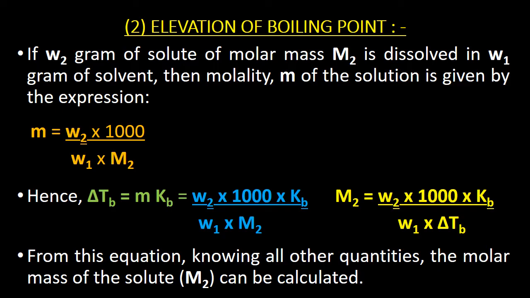Hence, delta Tb is equal to m into Kb, which is equal to W2 into 1000 into Kb divided by W1 into M2, or M2 is equal to W2 into 1000 into Kb divided by W1 into delta Tb. From this equation, knowing all other quantities, the molar mass of the solute, that is M2, can be calculated.